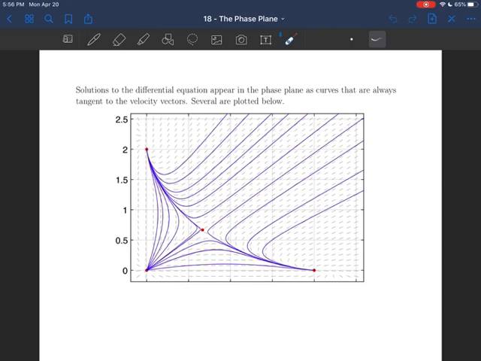Because they're unique solutions, we know that no two solution curves can intersect each other, because if they intersected at a point, that would violate uniqueness. So all of these curves are going to be going through the same phase plane, but never intersecting each other. And that's what really allows us to analyze, using some geometry, what happens with autonomous systems by looking at the phase plane.